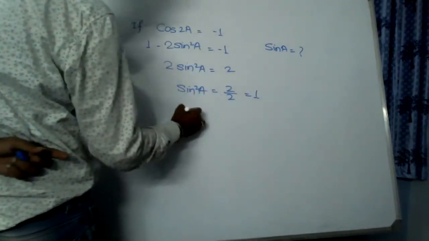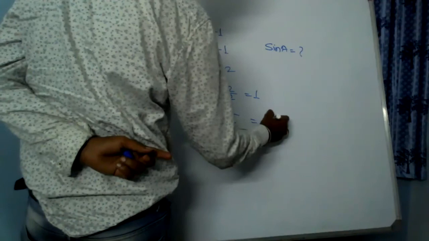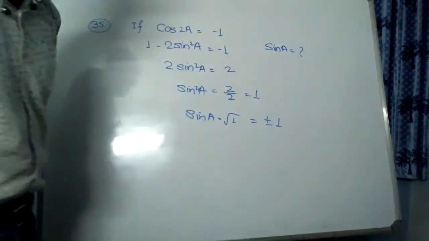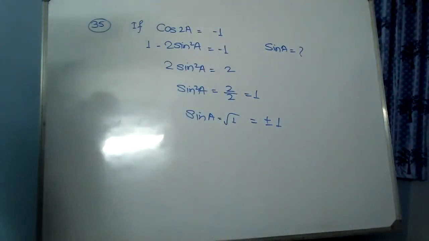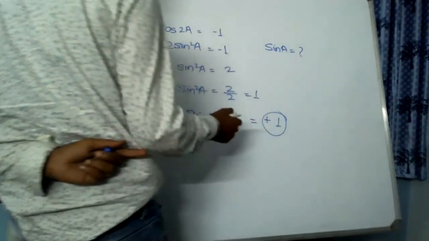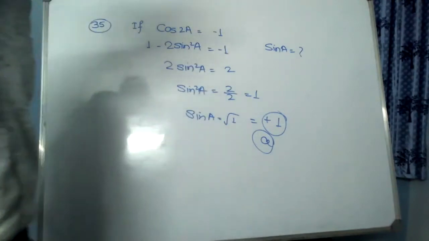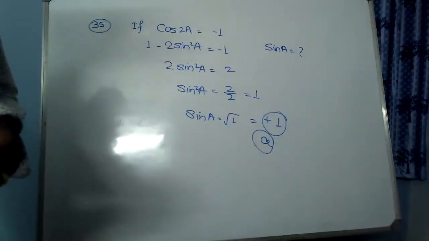Sine a will be root 1, that is plus minus 1 in case they are giving the option. If not, just plus 1. So they have given you 1 and minus 1 both. If they are not giving plus minus 1, then go with plus 1 itself. That is your option A, so that will be the right answer.